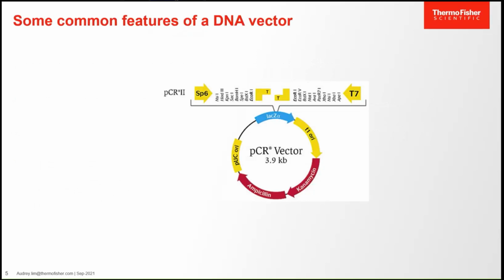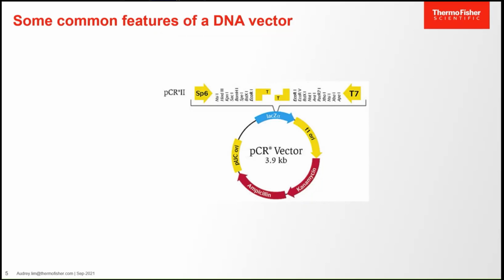Okay, now more basic, let's take a look at some common features of the DNA vector. For those who are new to cloning, this may look quite complex, so let me break it down for you. This is called a vector map.